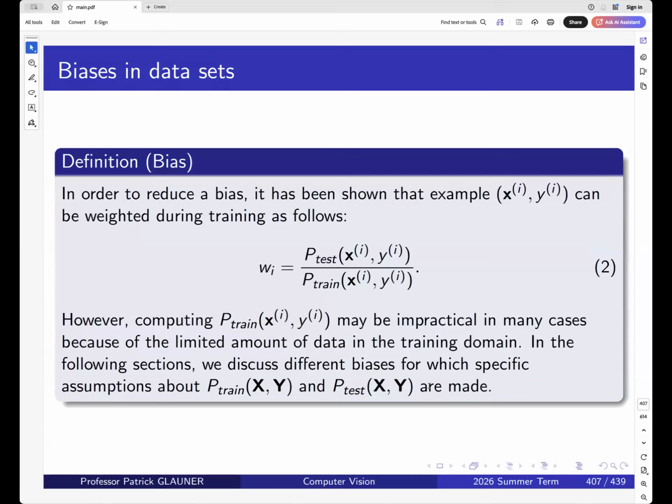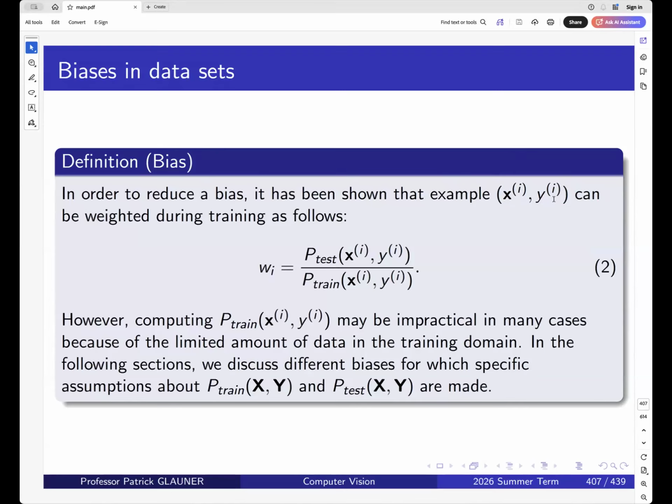The literature recommends something. It says we can reduce a bias. For this, we take some example x^i, y^i, and when we train a model, we could assign a certain weight to it. I know many of you use libraries like scikit-learn.